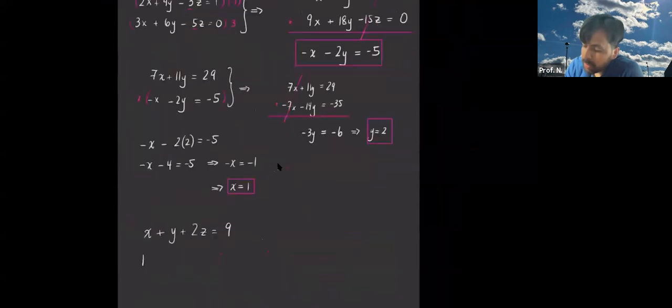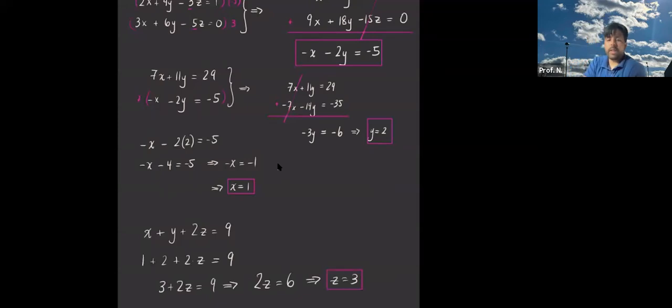So you can plug in 1 plus 2 plus 2z equals 9. I get 3 plus 2z equals 9. So I get 2z equals 6. So I get that z equals 3. Pretty straightforward, right? So then what's the solution? The solution is the coordinate in space, 1, 2, 3.